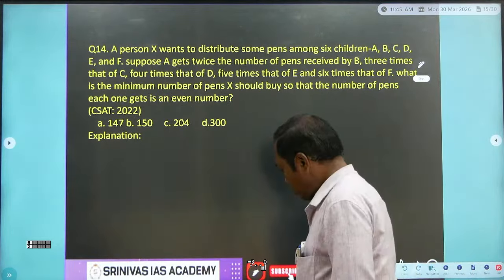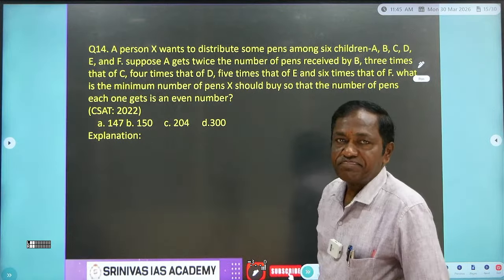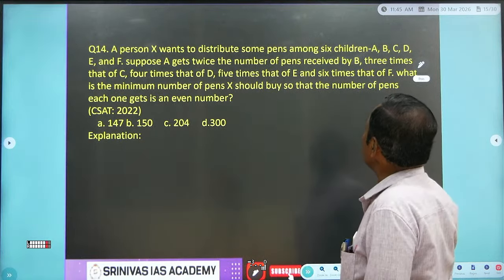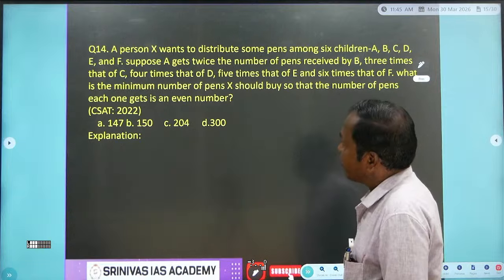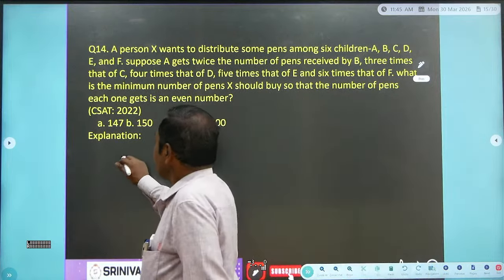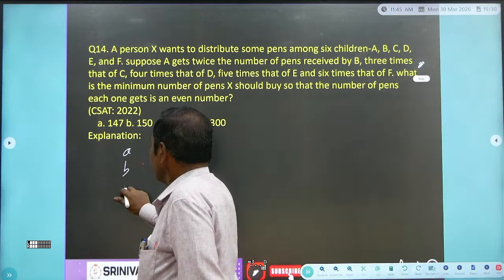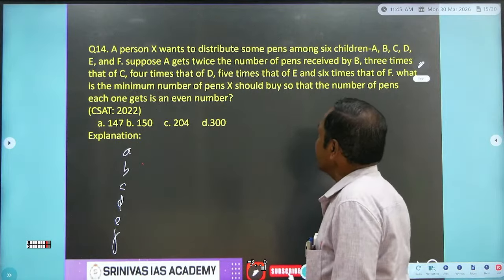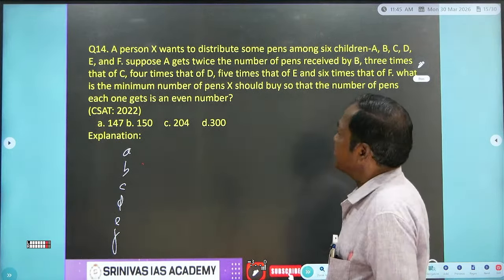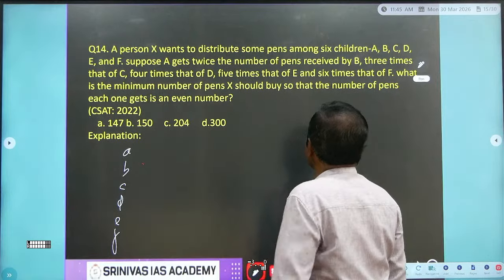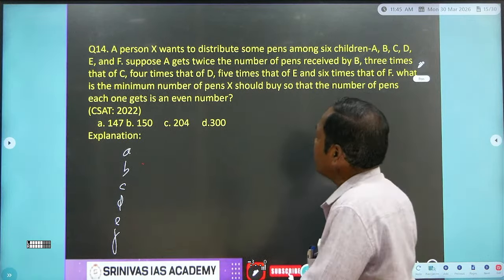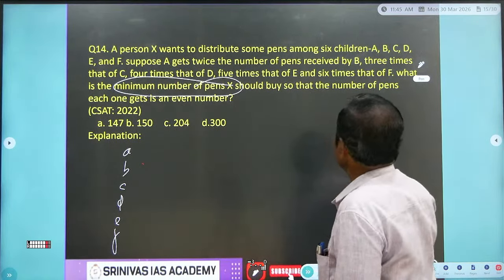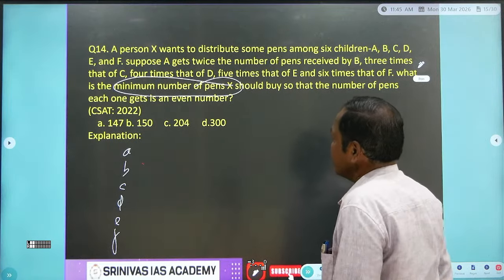Now, a person X wants to distribute some pens among 6 children A, B, C, D, E and F. Suppose A gets twice the number of pens received by B, 3 times that of C, 4 times that of D, 5 times that of E and 6 times that of F. What is the minimum number of pens X should buy so that the number of pens each one gets is an even number?